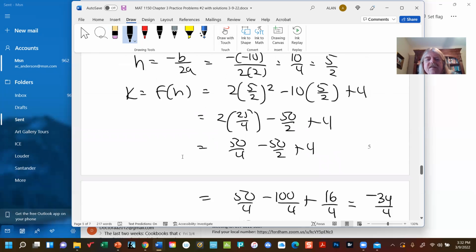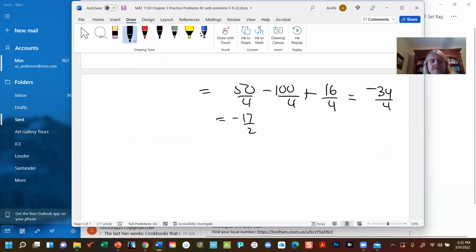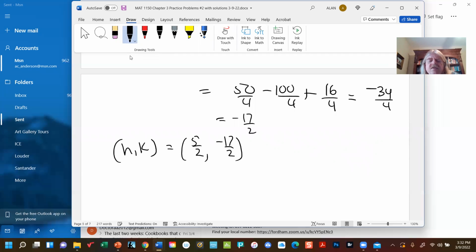We've got h is 5/2. Let me just write this down. h comma k. So basically, it's pretty straightforward. You can see that the axis of symmetry is just x equals 5/2.